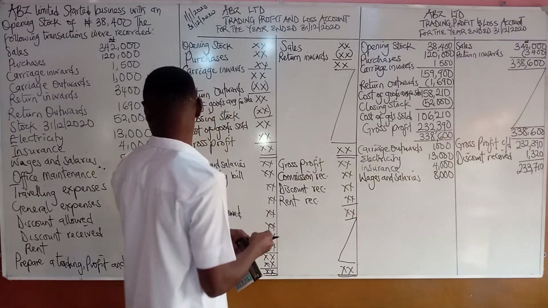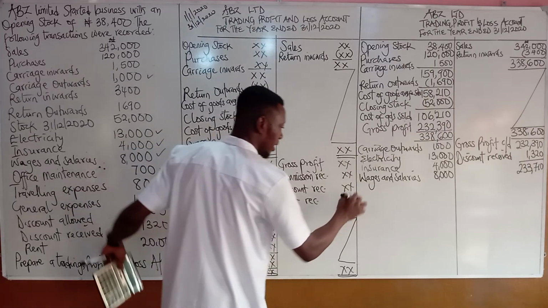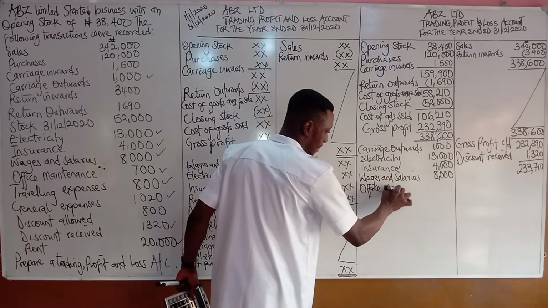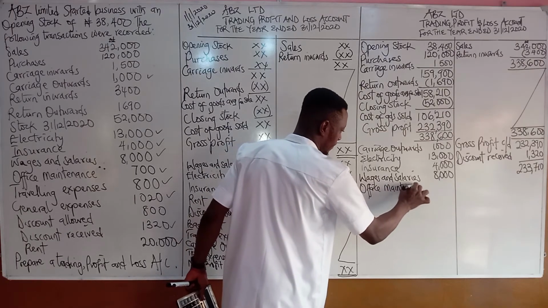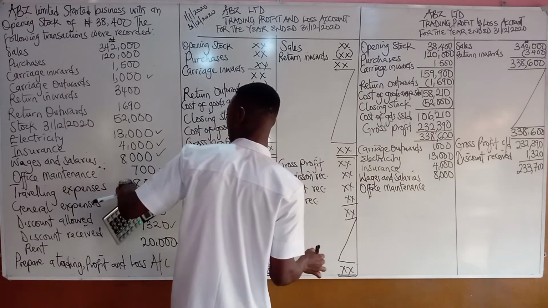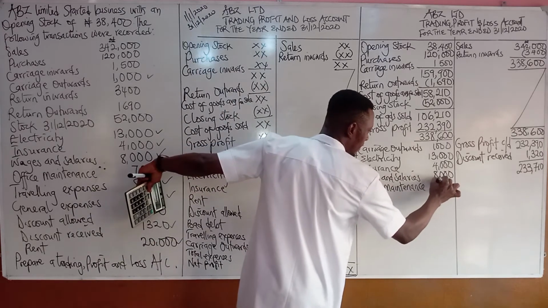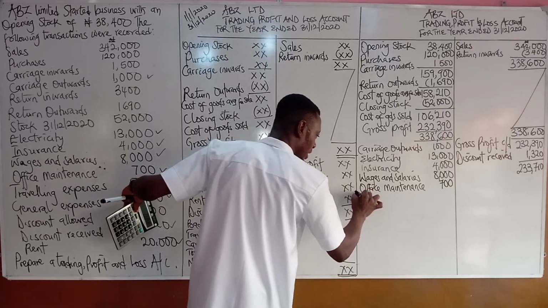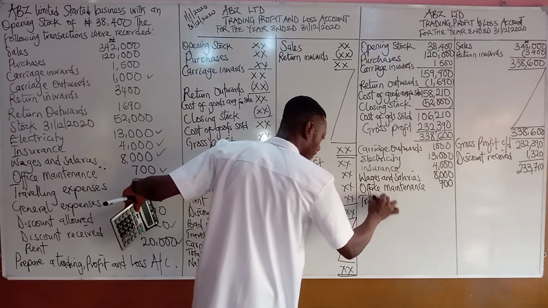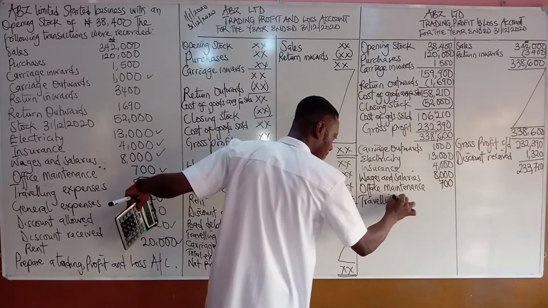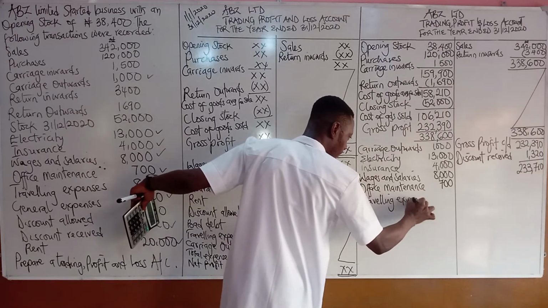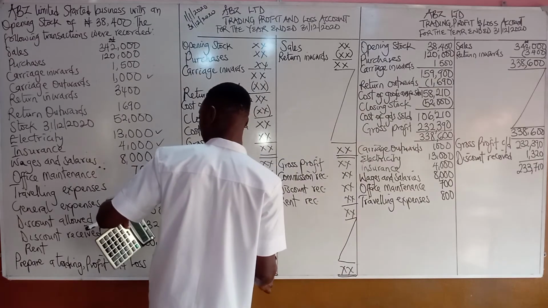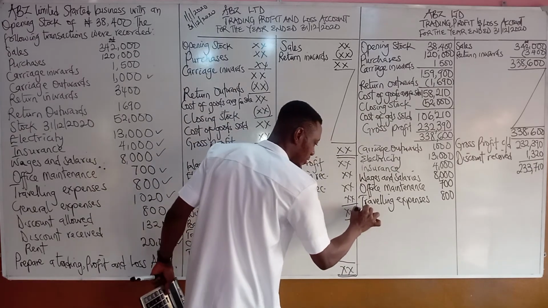Then after wages and salaries, I have office maintenance. Office maintenance is 700. Then I have traveling expenses, 800. Then I have general expenses, 1,020.